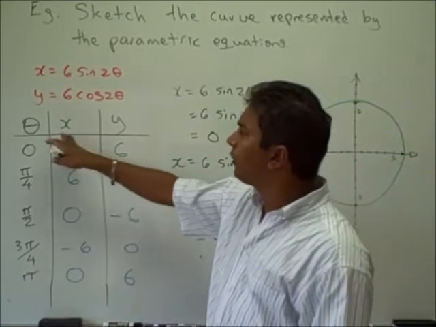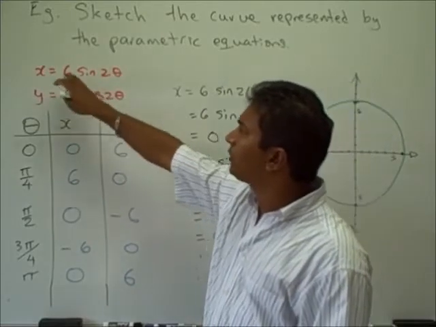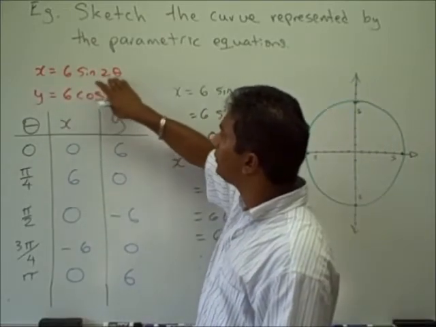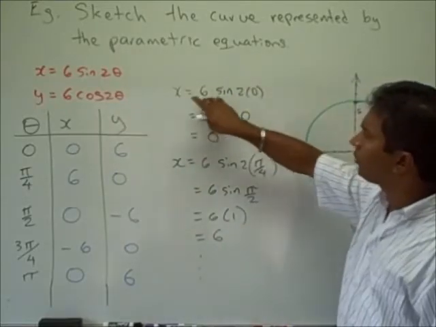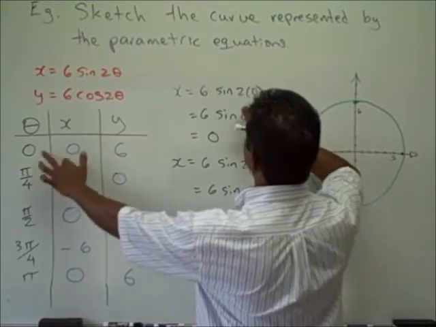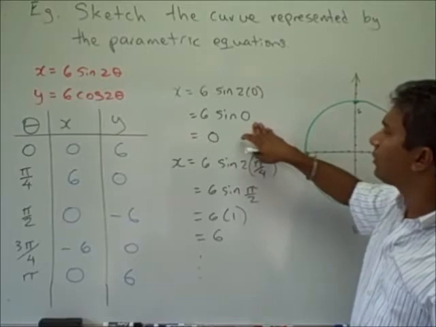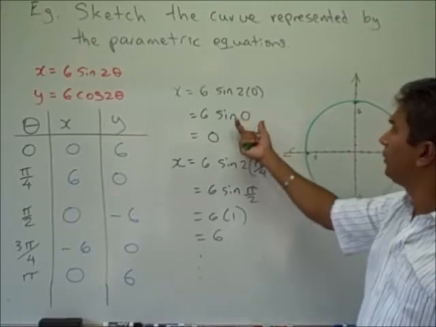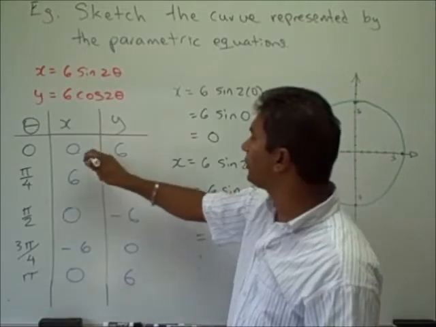So now we need to find the values for x and the values for y. We know x is equal to 6 times the sine of 2 theta. If theta is equal to 0, then this is 2 times 0, so this becomes the sine of 0. We know that the sine of 0 is 0, so 6 times 0 is 0. This is how we got our 0 here.